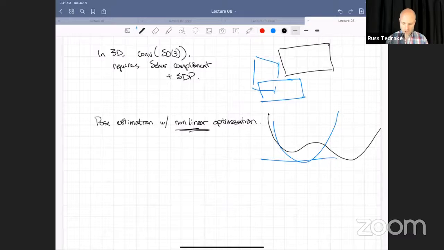It says, I'm going to just do my best effort, and I might return this solution, I might return this solution. I can't promise. And the real frustrating thing is you don't even know whether the solution it found is the best solution or not. There's no way to know. So it'll return some solution that should be a local minimum, or it could complain that it had some numerical issues.